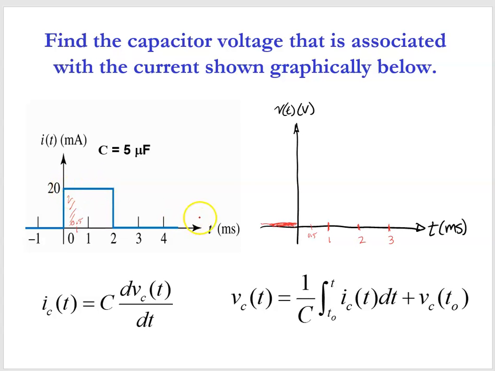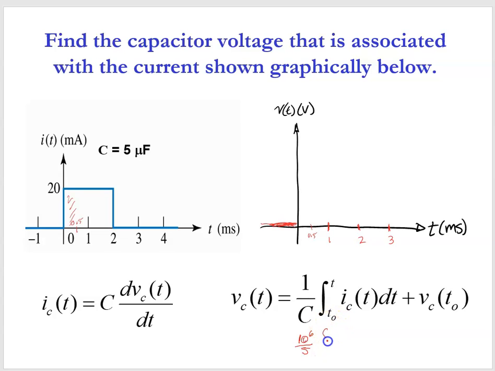So we get 10 milliseconds, right? But then we'd have to do 1 over 5 microfarads. So what's that going to be then? Our 1 over C is going to be 10 to the 6th divided by 5, per farad.